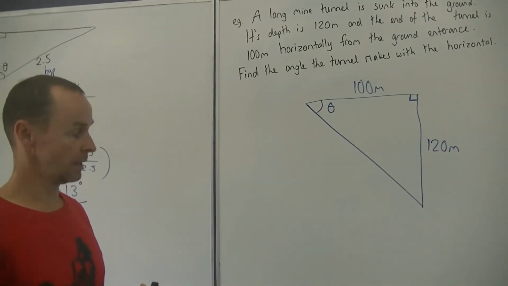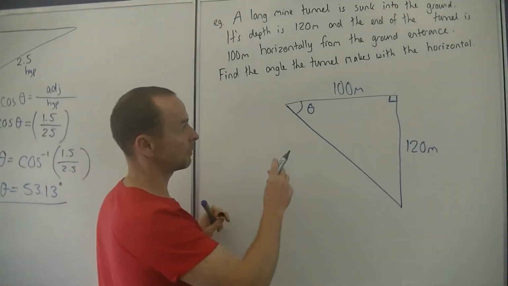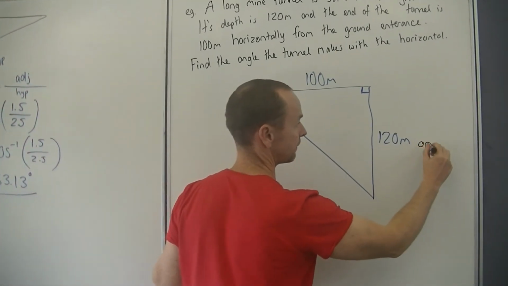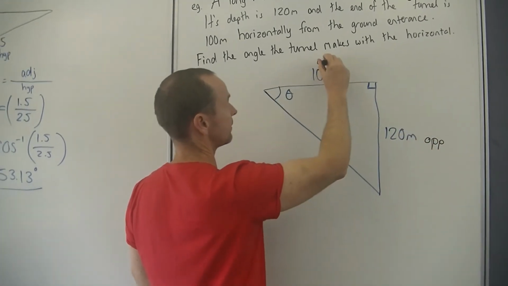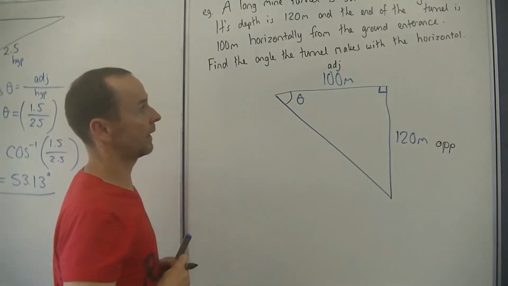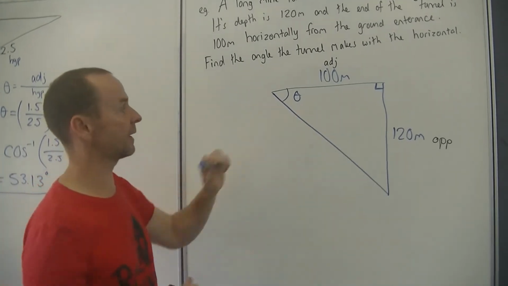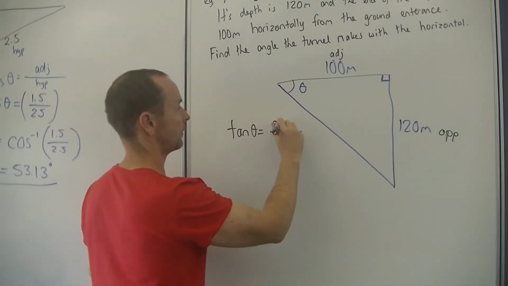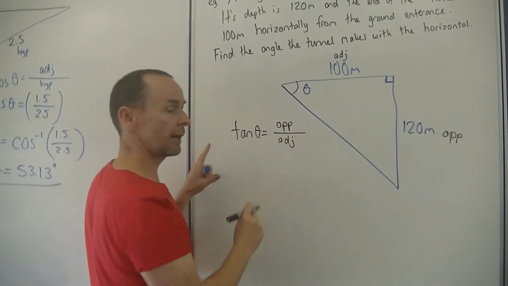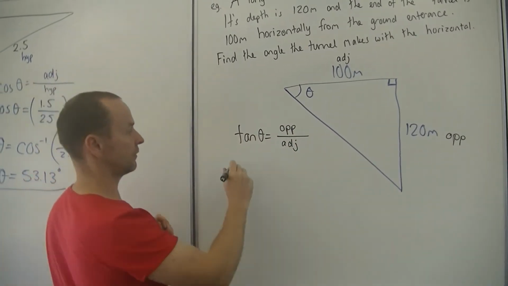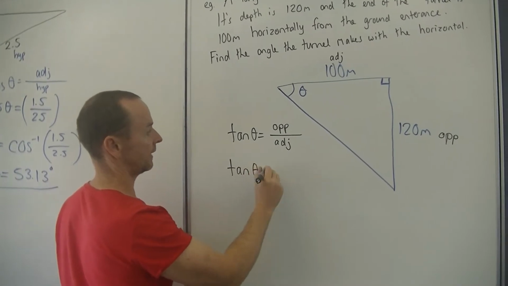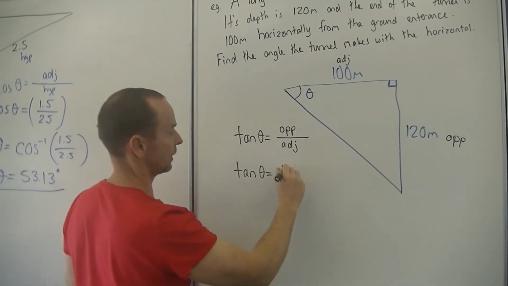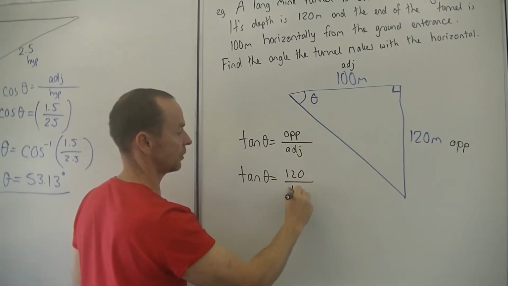It's easy peasy. Again, we label the sides. That one's opposite. This one's adjacent. Which rule is opposite adjacent? It is tan. Tan theta equals opposite over adjacent. Write the rule out. Substitute the values in. Tan theta equals opposite, which is 120, over adjacent, which is 100.